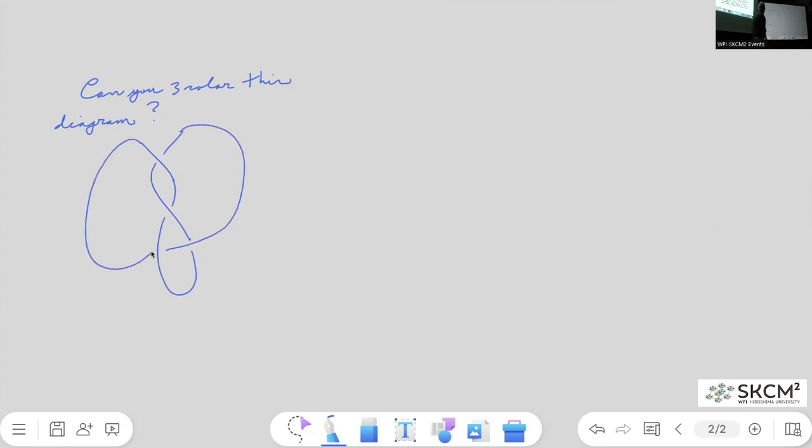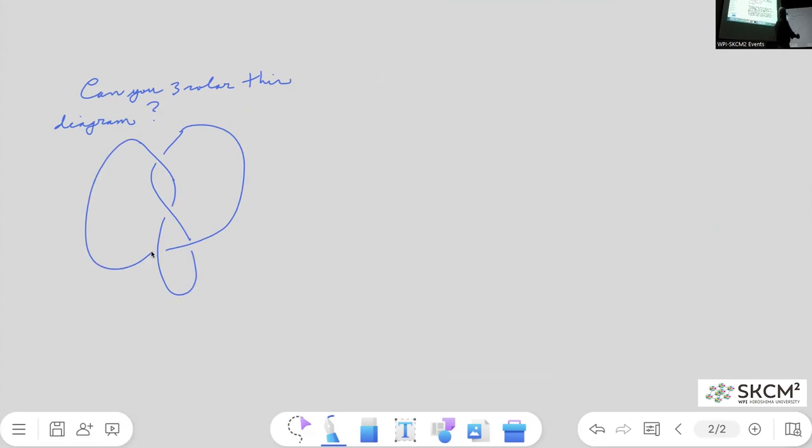Can you three color this diagram? Why don't you try for a moment? Take a pad of paper, draw the diagram.